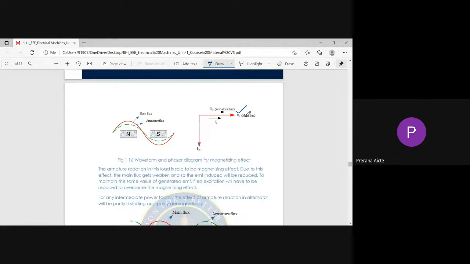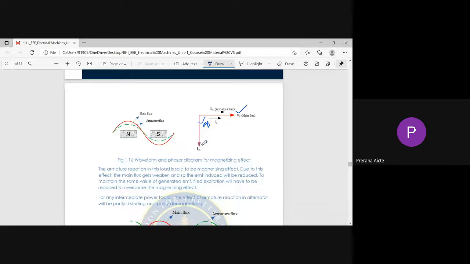Because this flux is cut by the stator conductors, an EMF is induced in the stator. That individual EMF, E phase, lags phi m by 90 degrees because of the pure inductive nature.